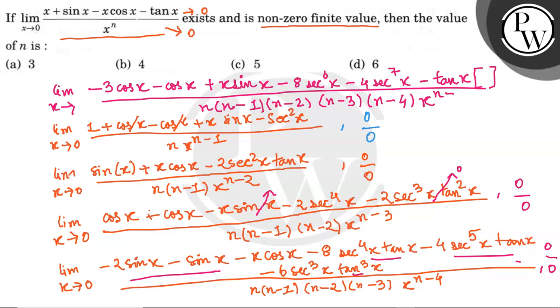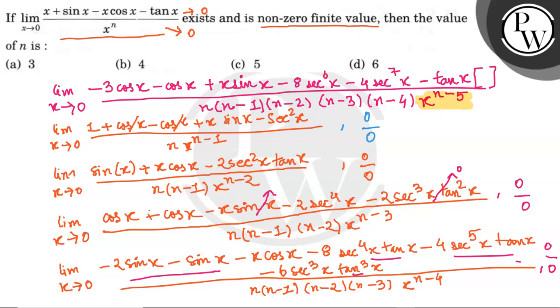So now we will again apply the limit. When we apply it, we will see that the numerator is not getting 0. It is negative, some value, that is minus 16. So we will have a finite value at this point if x to the power n minus 5 is equal to 1.